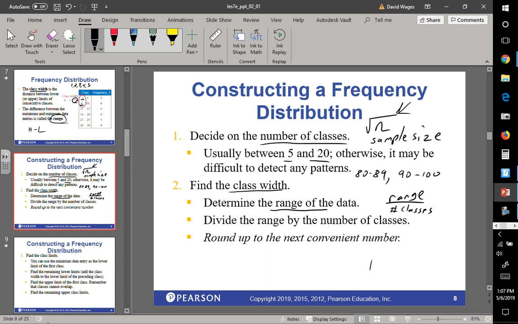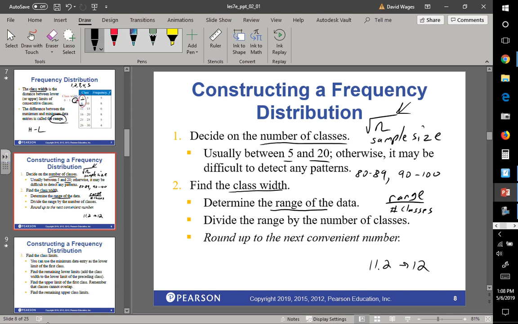Even if that divides out to be like 11.2, which normally rounds down, to make sure that we have a wide enough range to cover all of our data from smallest to largest, we're going to round that up.